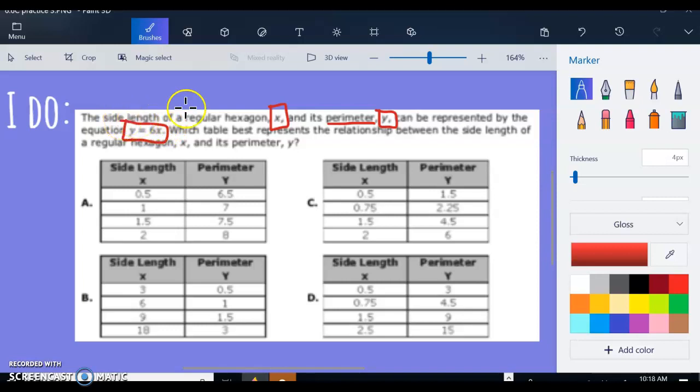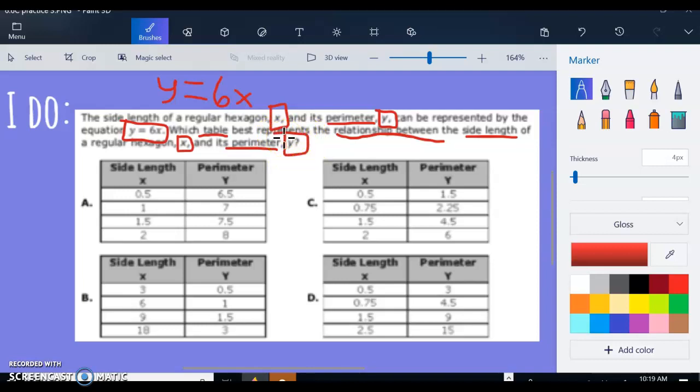If that's a little bit hard to see, I'll rewrite it up here for you. y equals 6x. Which table down here best represents the relationship between the side length of a regular hexagon, x, and its perimeter, y?